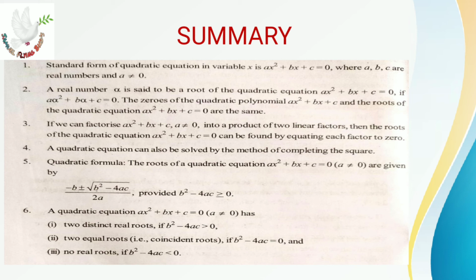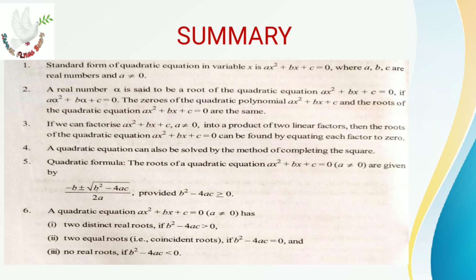The zeros of the quadratic polynomial ax square plus bx plus c and the roots of the quadratic equation ax square plus bx plus c equal to 0 are the same; if the values are interchanged or the substitution is made, the equation remains in the same form, so the roots are also the same in both cases.